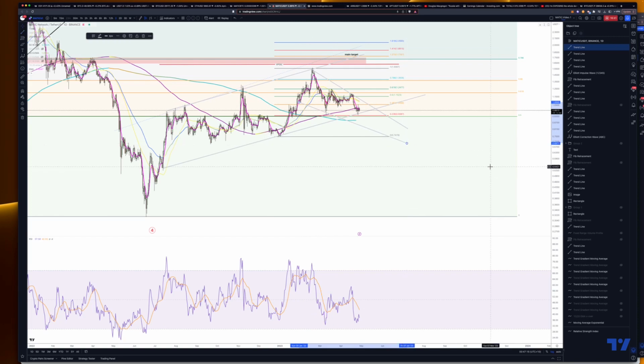So that goes for now. I do feel like we're going to come back down here. This is definitely a support line. One touch, two touch, third touch. We might get a bounce.